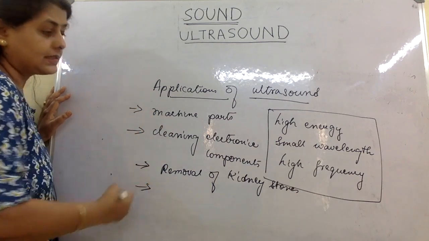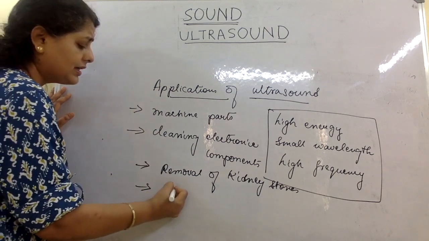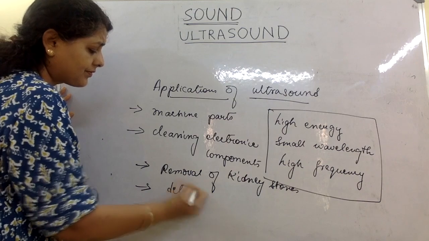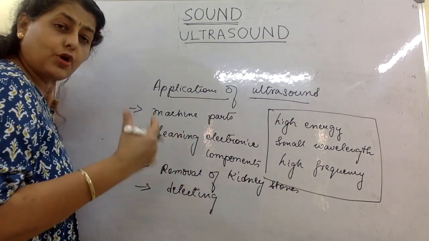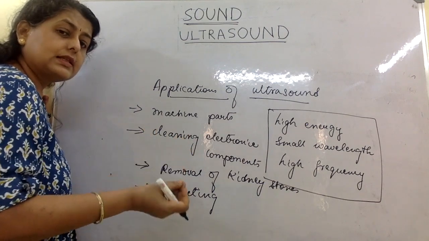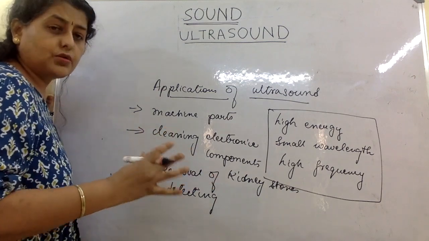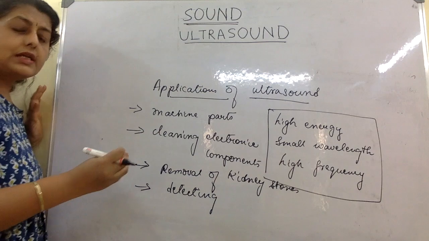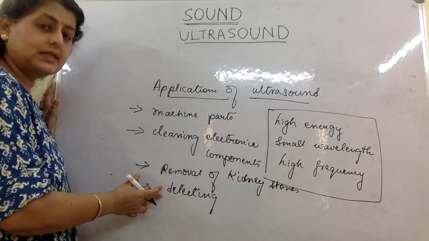Next, ultrasounds are used for detecting abnormal growths. You have heard of a lot of scans. These waves are passed through the body, and any abnormality, a tumor, a growth, anything inside the body, can be understood by passing ultrasound.